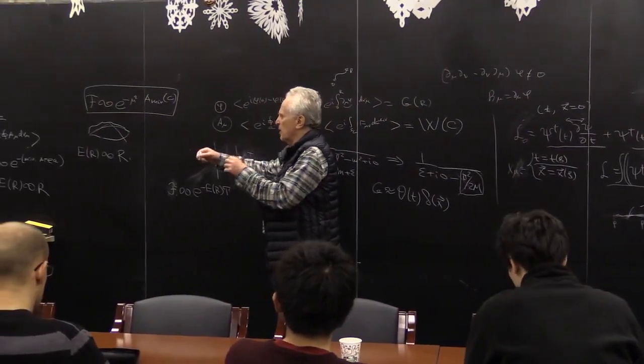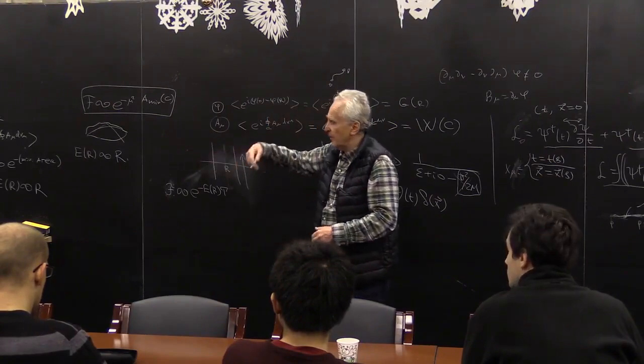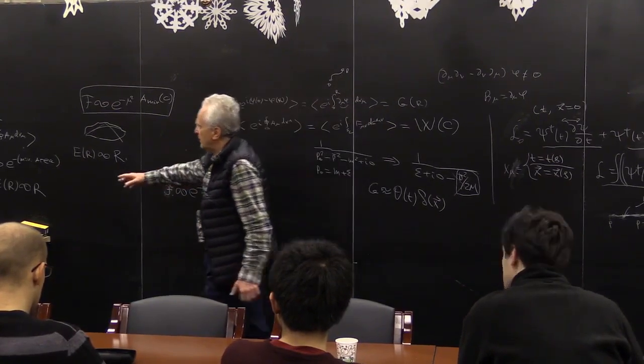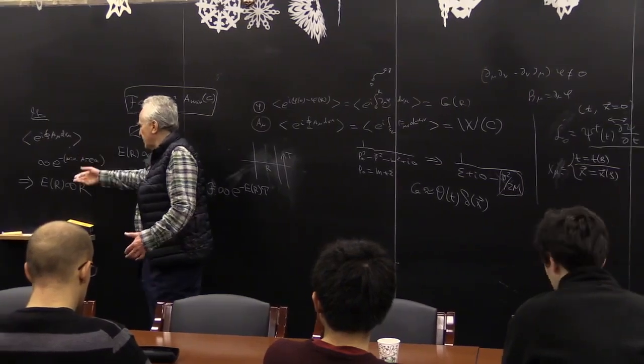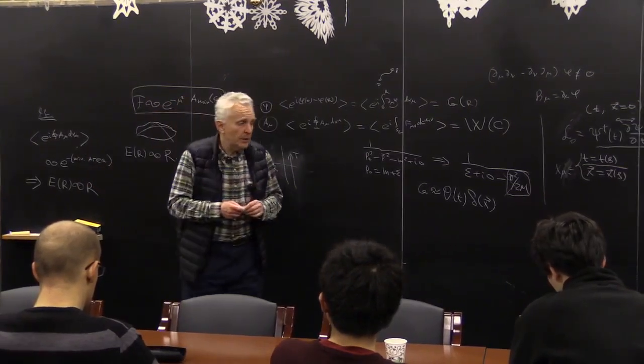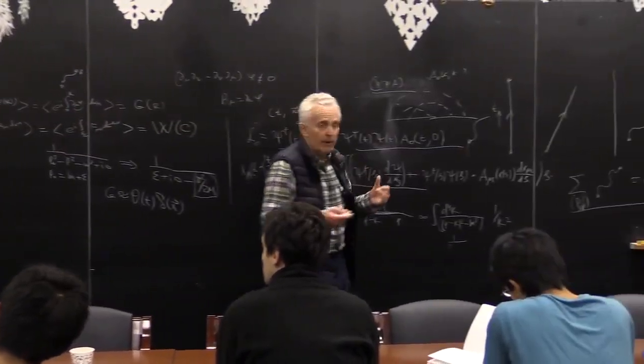If E is proportional to R, then you cannot send signals faster than light. But if E is proportional, say, to R to the 2/3 or something, then you indeed can send signals faster than light, so it cannot happen.